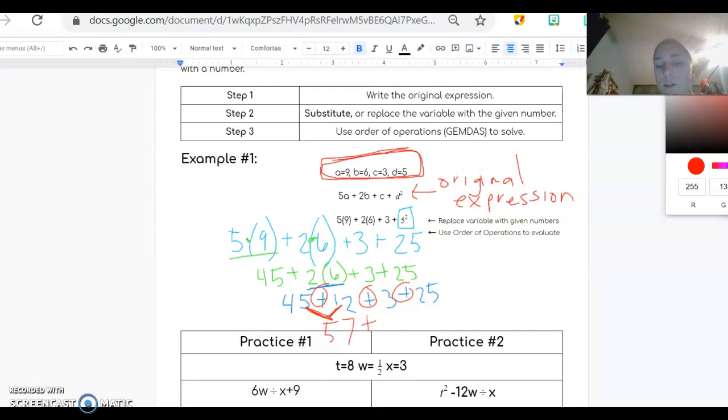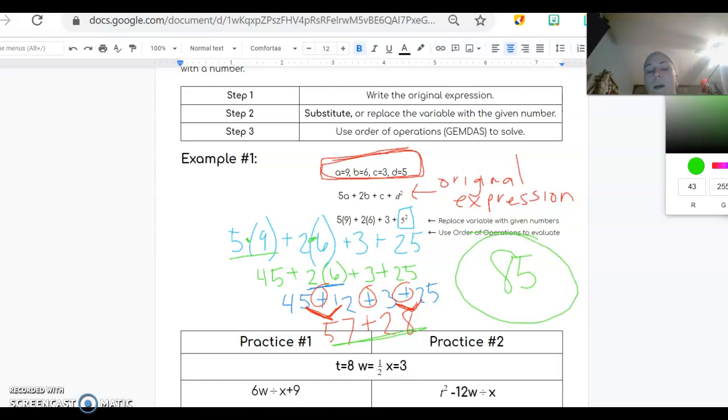Bring our second addition symbol down. We can do the caret here. 3 plus 25 is 28. Okay? So then we just solve that. Last addition symbol. 57 plus 28 gives us our 85. We circle our final answer. Yours would be below. I just ran out of room.